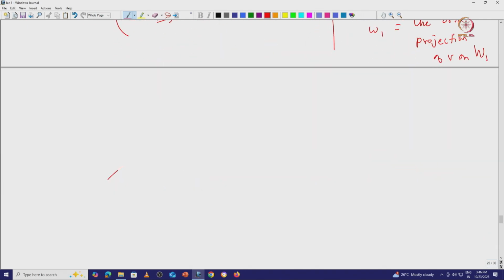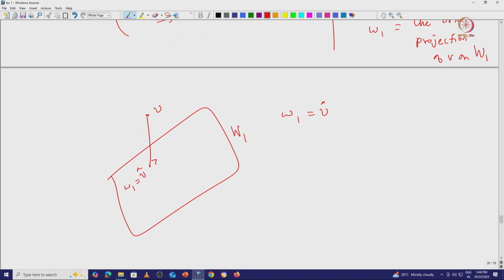What does it mean? You have this W1 here, and the vector is somewhere here, which is v. Then there is a unique vector in W1 such that the difference is orthogonal to W1. Let us call it v hat, which is w1.